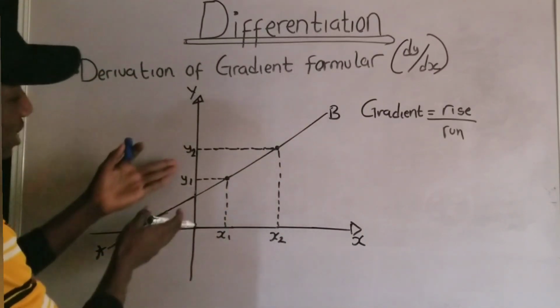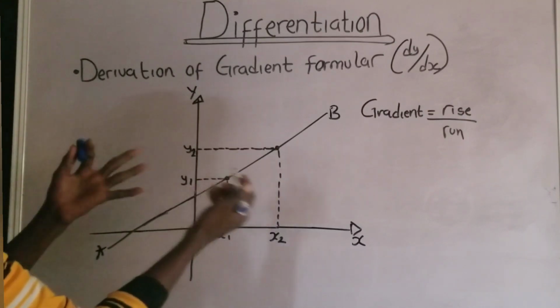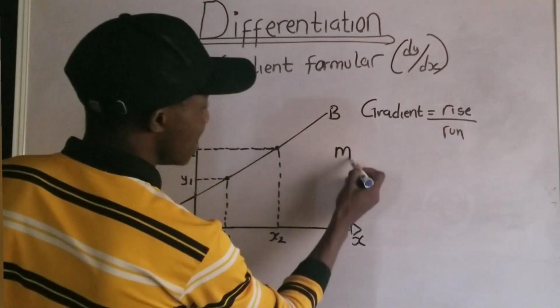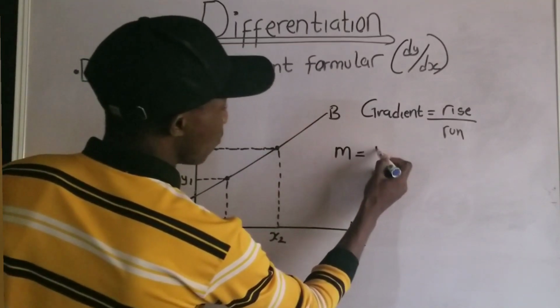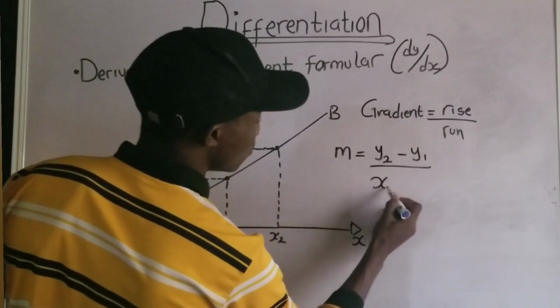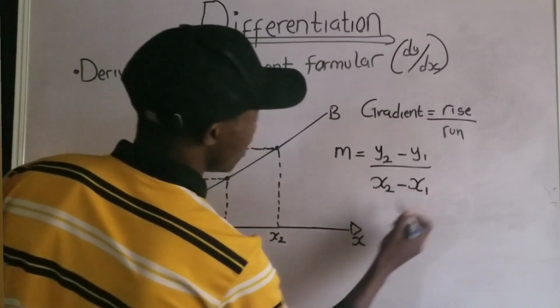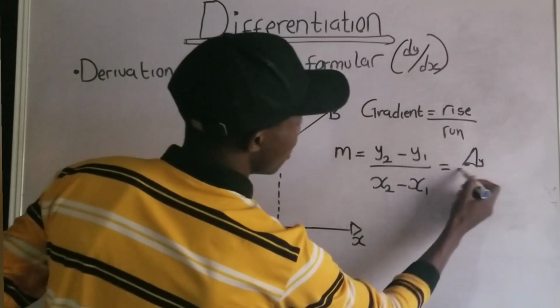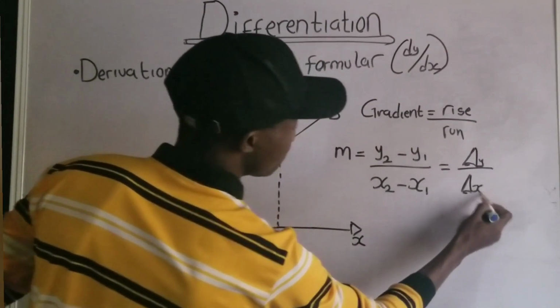Now if I want to denote my gradient considering this graph, let me represent gradient as m. m is equal to y2 minus y1 all over x2 minus x1, because this is the same thing as change in y all over change in x.